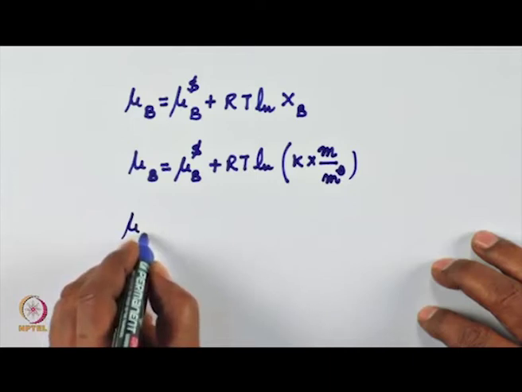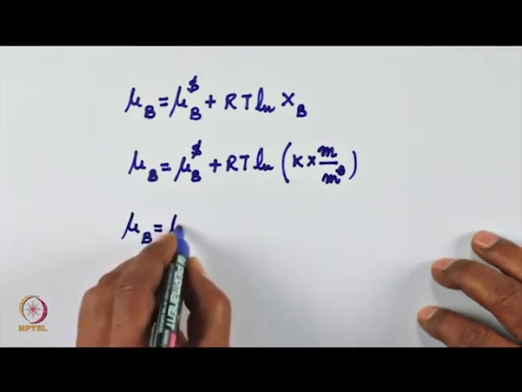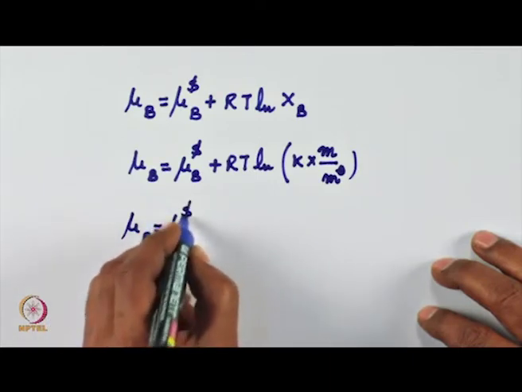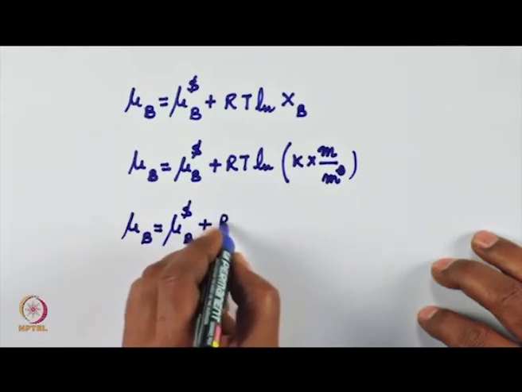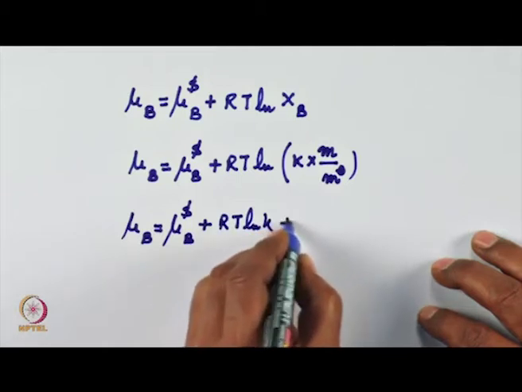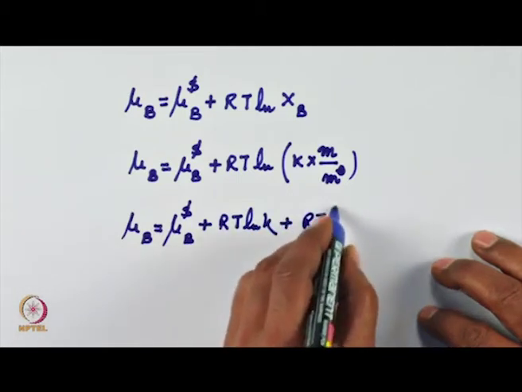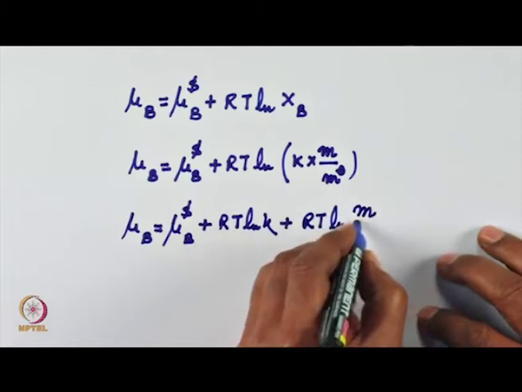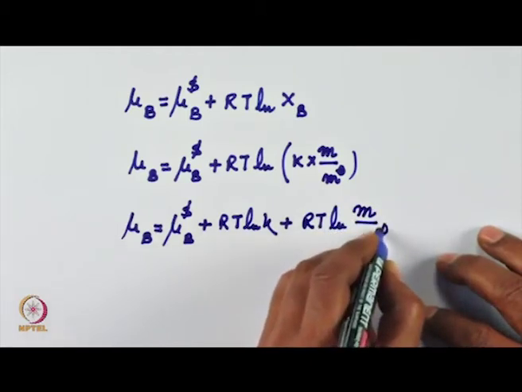The resulting expression is mu B equal to mu B naught plus RT log K plus RT log M by M naught.